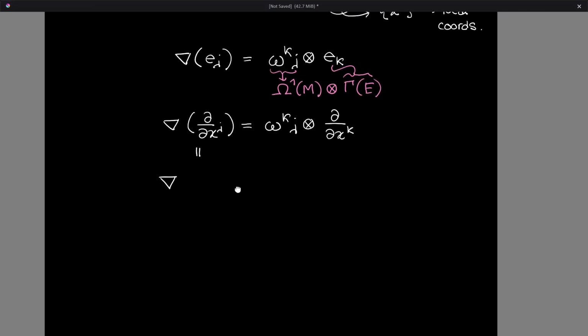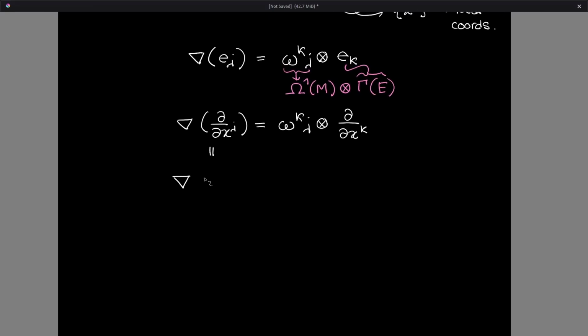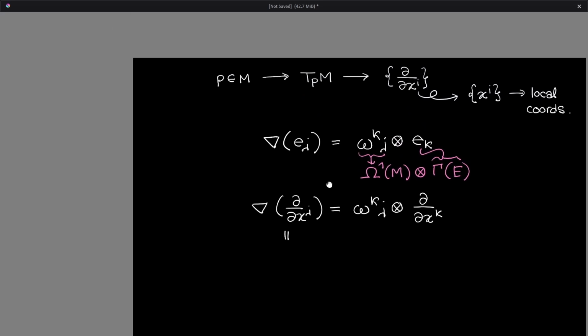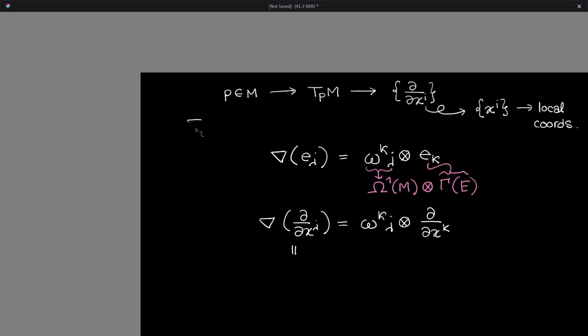if we remember what the definition of the covariant derivative was, it was something like this: nabla_X of s is equal to nabla of s all applied on X. Remember, this gives us an Ω^1(M) ⊗ Γ(E) object, right?